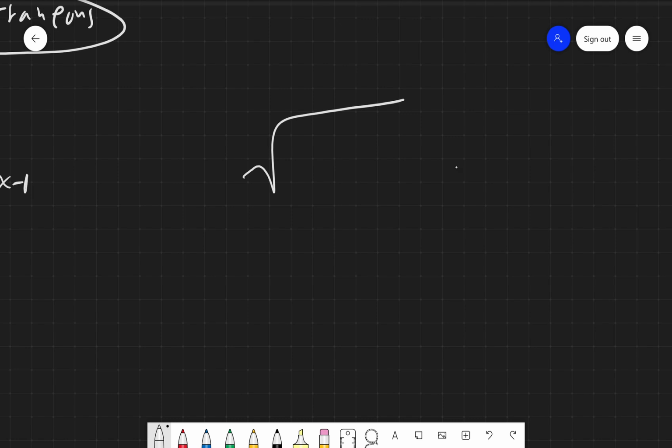So now the square root of 2x minus 1, we'll do it fast. The square root of 2x minus 1 plus 5 equals 2, or this equals negative 3. Square both sides. 2x minus 1 equals 9, so 2x equals 10, so x equals 5.